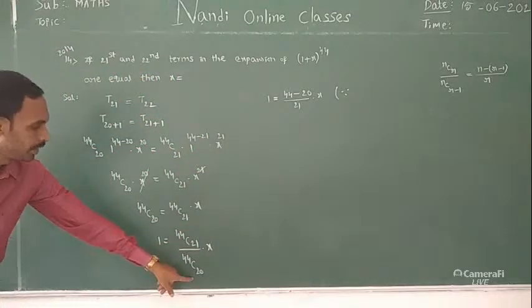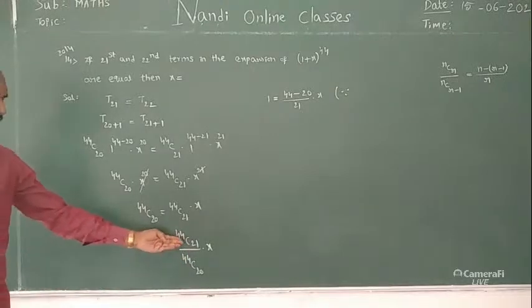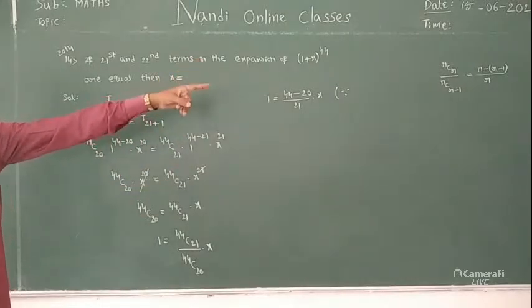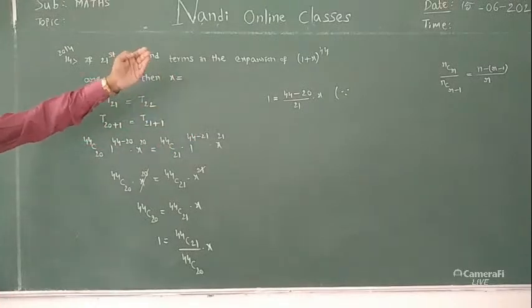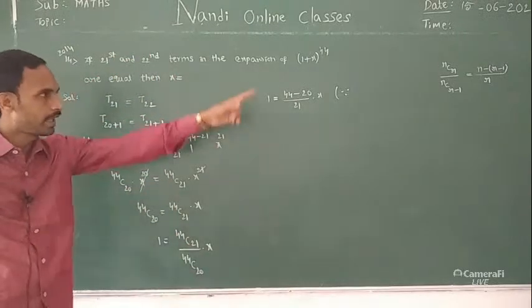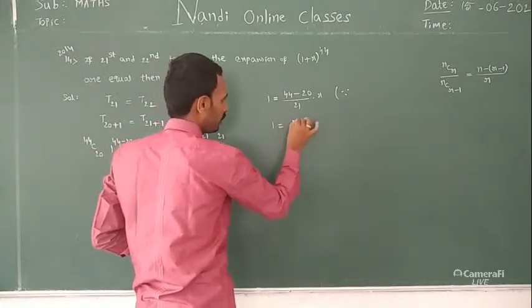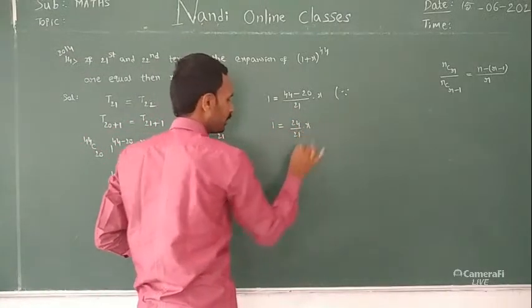Otherwise you can apply the nCr formula, n factorial by n minus r factorial into r factorial, but simplifying like that is a long process. That is the shortcut method: nCr by nCr minus 1. Here 21 is there, 20 is there. So 1 is equal to 24 by 21 into x.